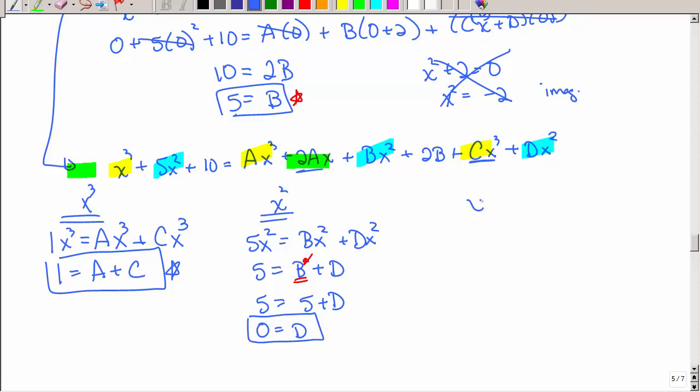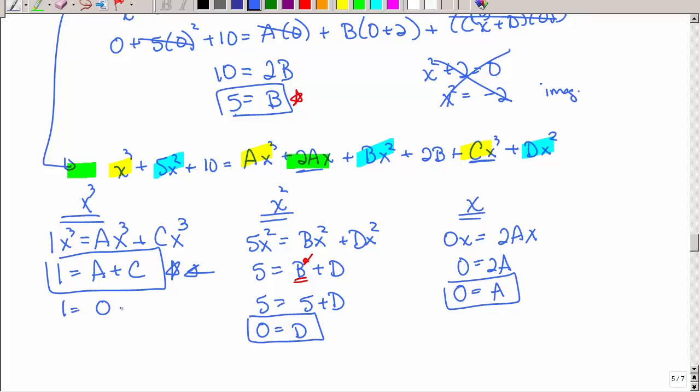All right, so for my x's, I have 0x on the left side and 2Ax on the right side. So that tells me A is 0. So now I can come back to here and say, well, if A is 0, then C is 1. So I have A, B, C, and D.